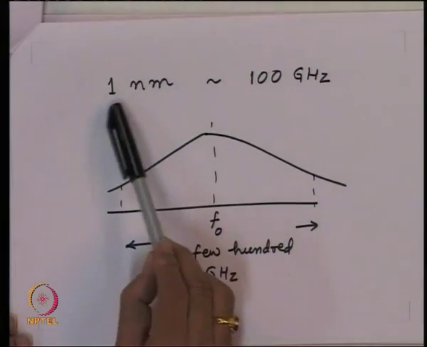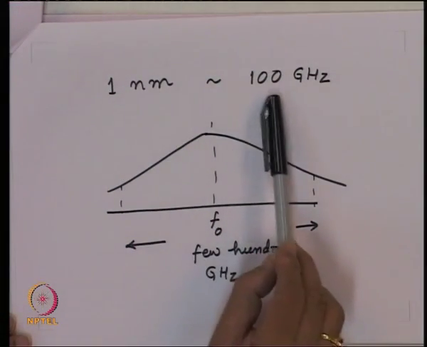But at this point of time, let us accept that if you take a typical optical source like a semiconductor laser, it will have a spectral width of about 1 or 2 nanometers. Then around 1550 nanometer, one can ask a question, how much this 1 nanometer spectral width would correspond to in terms of frequency. And as I mentioned, as a rule of thumb, you can say approximately 1 nanometer is about 100 gigahertz.